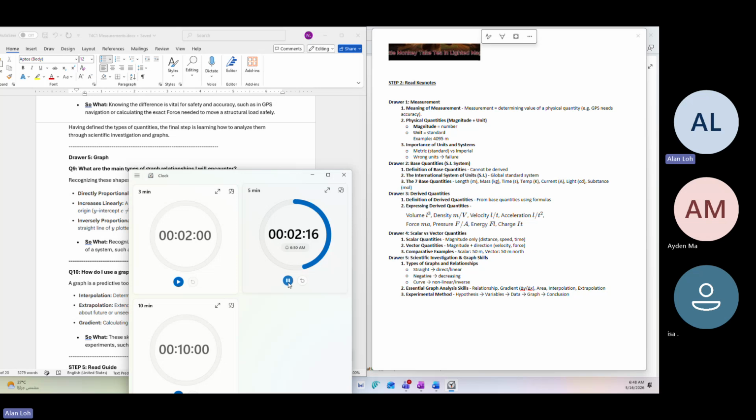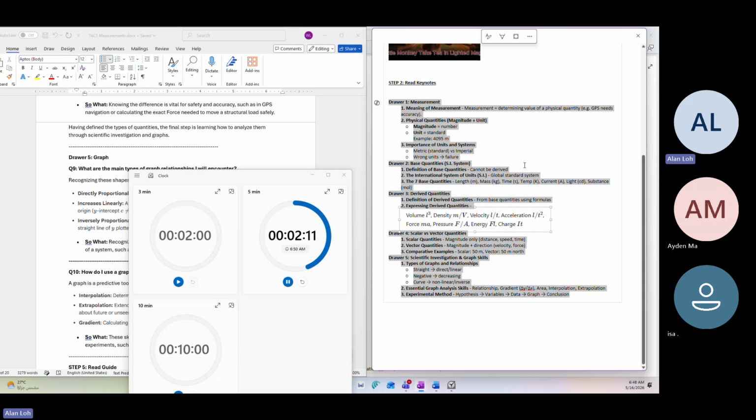Right? For whoever is back, you can try to read this step 2 again.